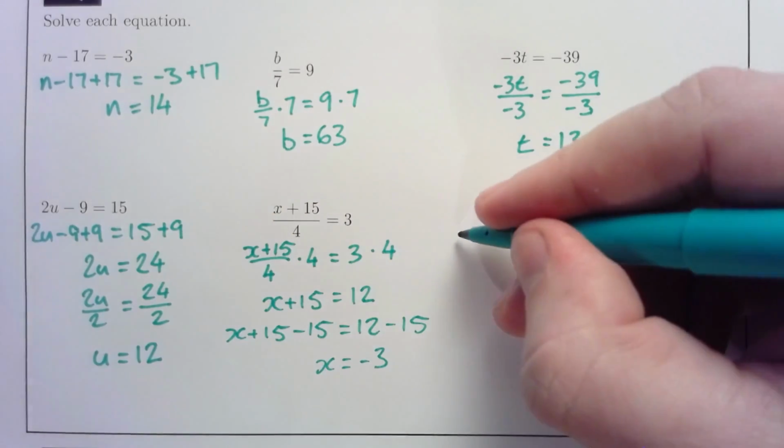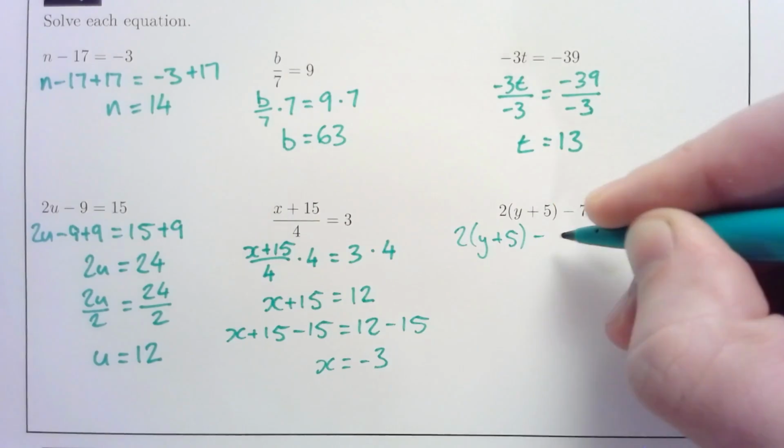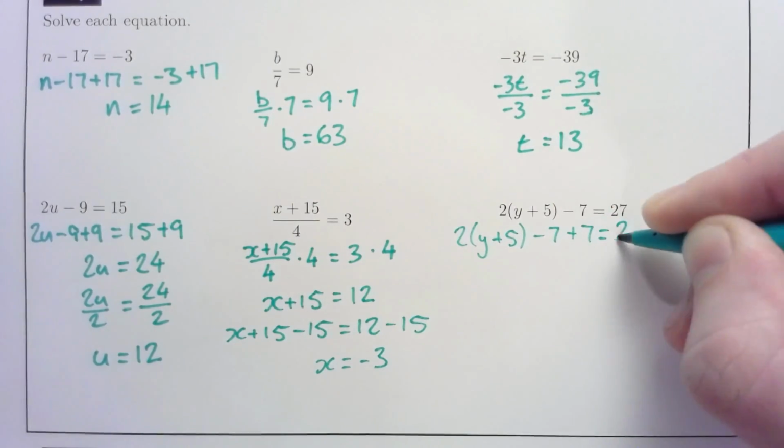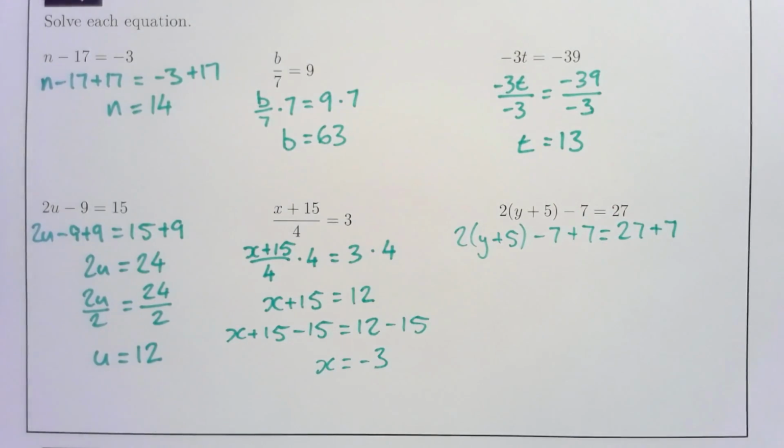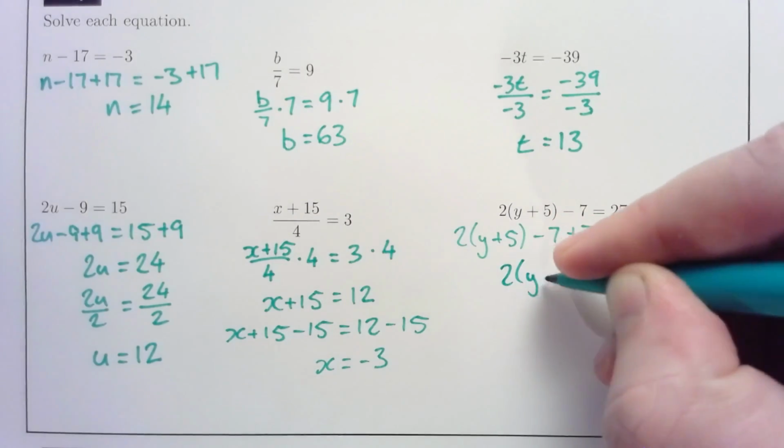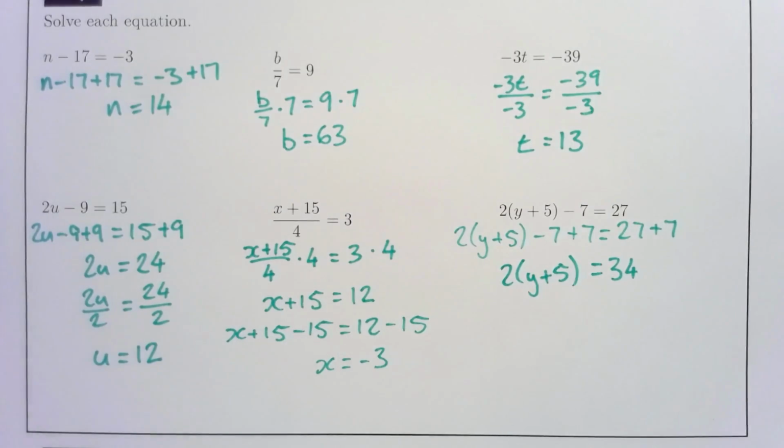2 times the quantity y plus 5, and then subtract 7, is equal to 27. The last operation being applied on the left-hand side is subtracting 7. So we can do the inverse, which is adding 7. Doing this to the right-hand side gives us 34. Now the next to last operation applied to the left-hand side was multiplying by 2.